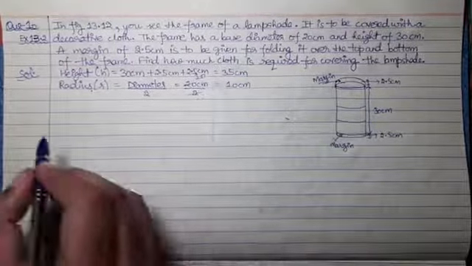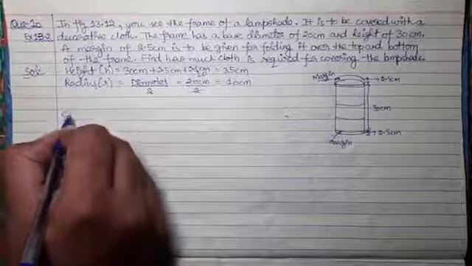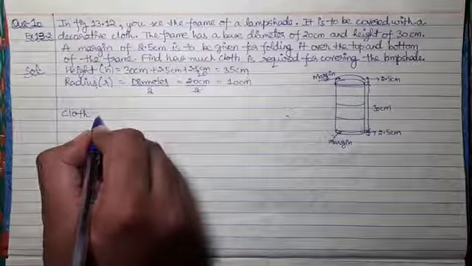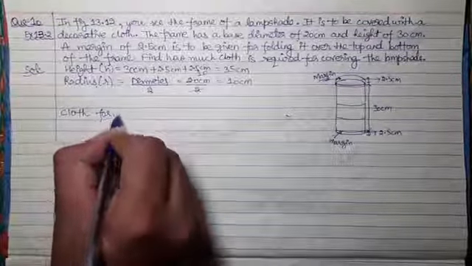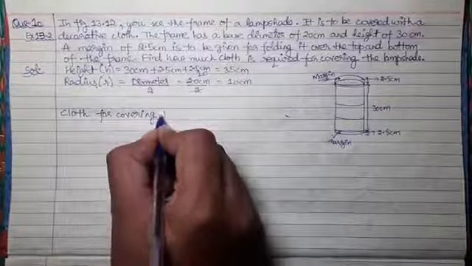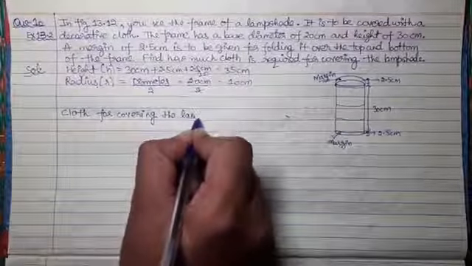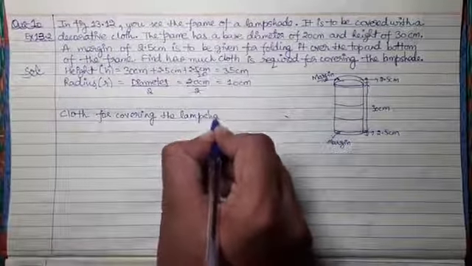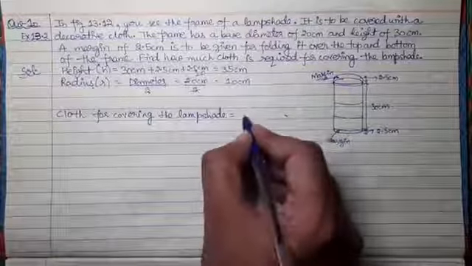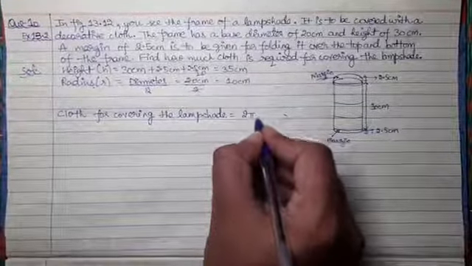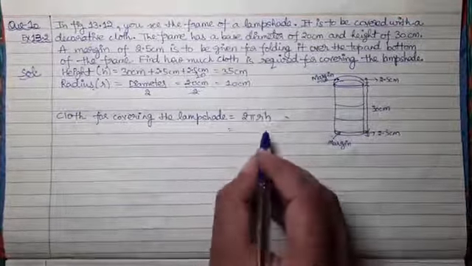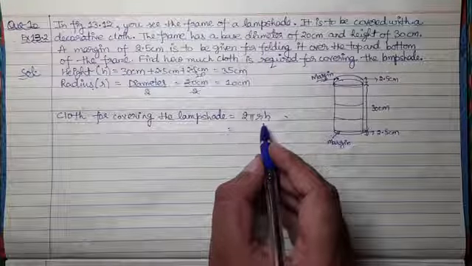Now we have to find cloth for covering the lampshade by using formula 2 pi r h, which is the curved surface area of the cylinder.